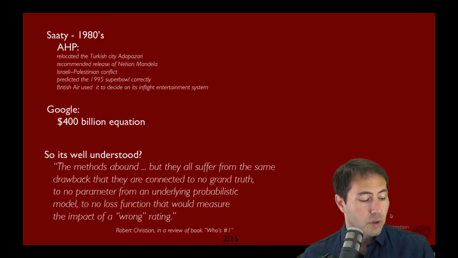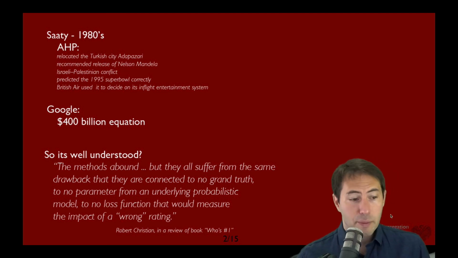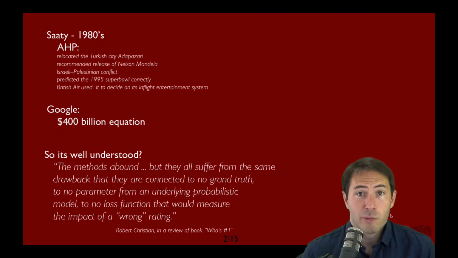The key point that he makes, and it's one that's 100% valid, is that the methods abound, but they all suffer from the same drawback, that they're connected to no grand truth. That is, there's no parameter from an underlying probabilistic model, no loss function that would measure the impact of a wrong rating. The second point is really important. When we think about rank aggregation, we're going to say, well, given the fact that we have disagreeing individuals, we're going to bring all their disagreements together in a framework, one way of doing things, and we're going to argue that that framework is best.